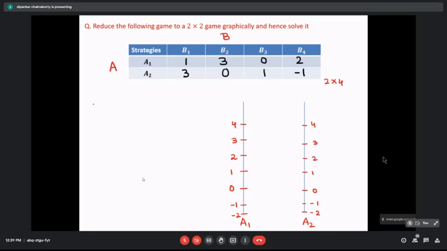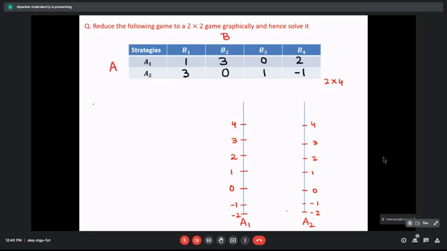Yes. What I'm saying is that first of all, you have to draw two vertical lines. These two vertical lines will represent the strategies for player A or for player B. If player A has two strategies, then these two vertical lines will represent player A's strategies. And if player B has two strategies, then these two vertical lines will represent the strategies for B. Here, as it is a 2x4 game, the number of strategies for player A is 2.